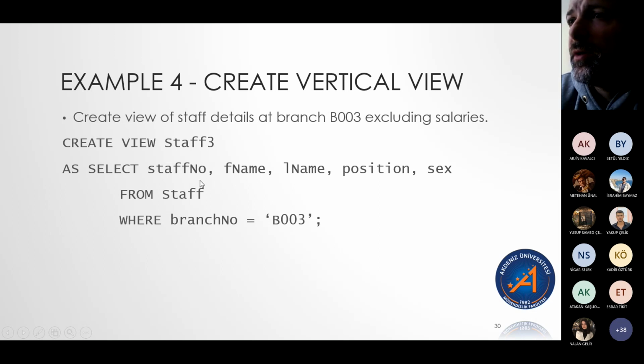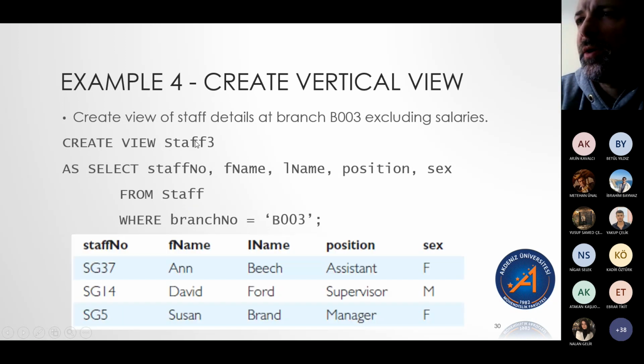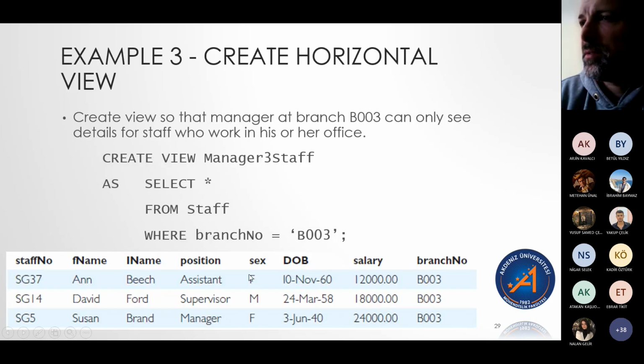All right. We could say, okay, we only want certain columns from the staff table. So we can create a view of certain columns. Notice some of the things we're leaving out: salary, birth date, things like that. Is position included?